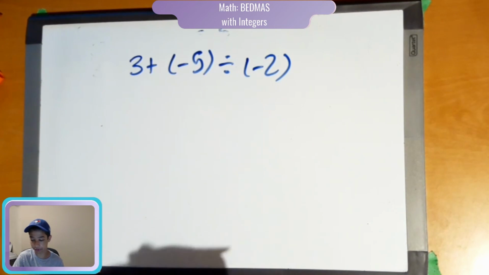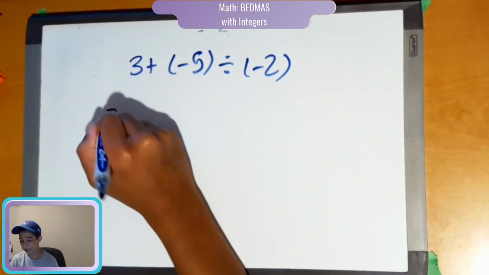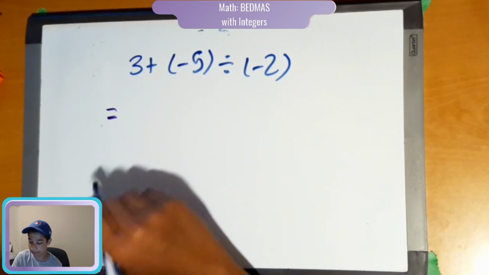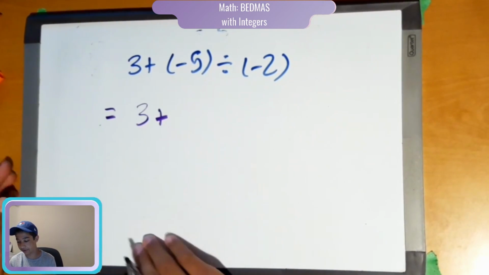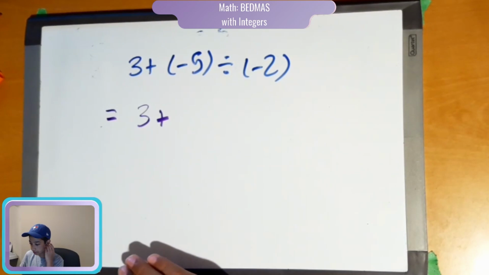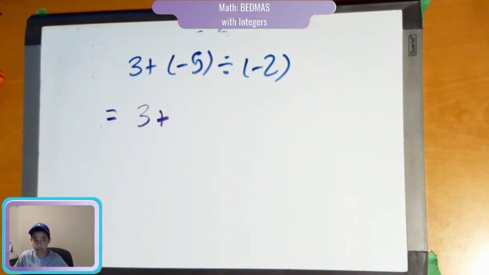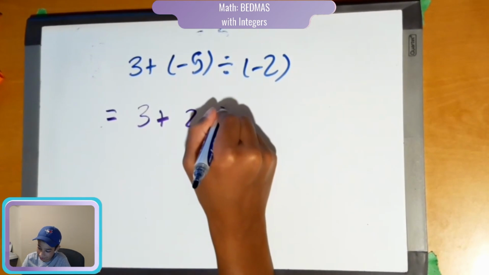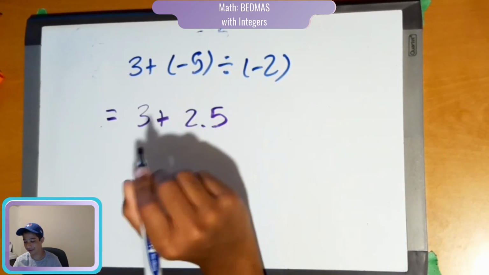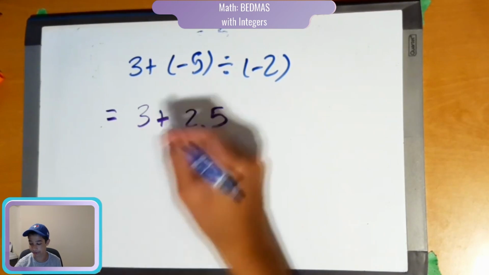So we're going to end up with 3 plus negative 5 divided by negative 2. That actually doesn't really work that well. We're going to get 2.5. Half of negative 5 is 2.5, and they're both negatives, so yeah.